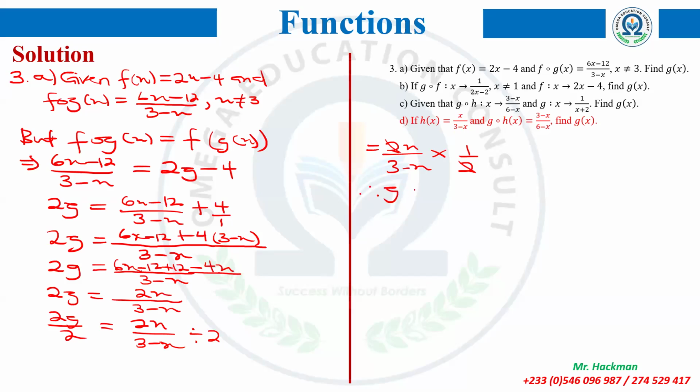Therefore, g of x, what I was asked to look for, will be equal to x over 3 minus x, am I right? Yes, please. Do I end here? No, please. What is missing? The constraint. The constraint, very good.